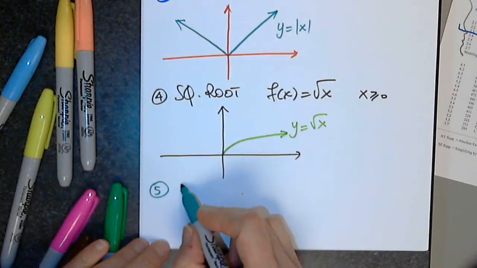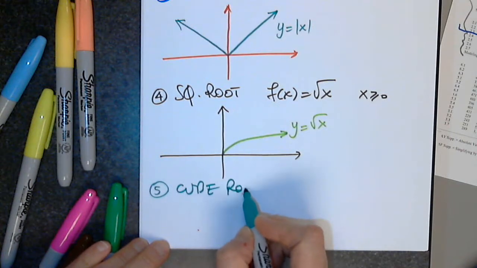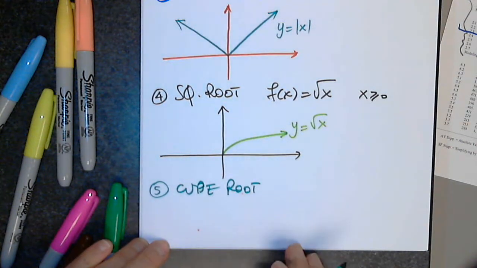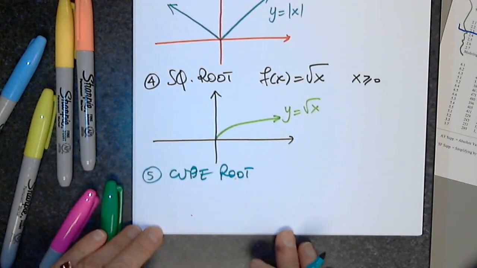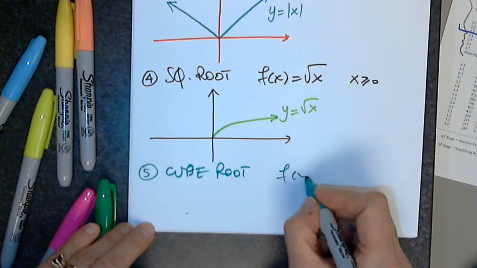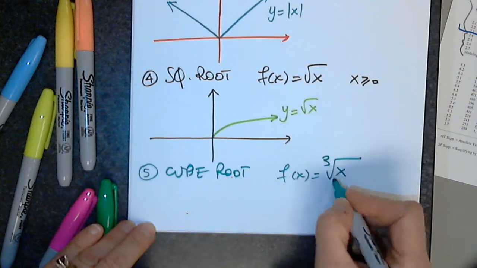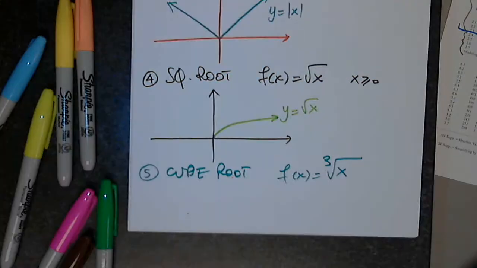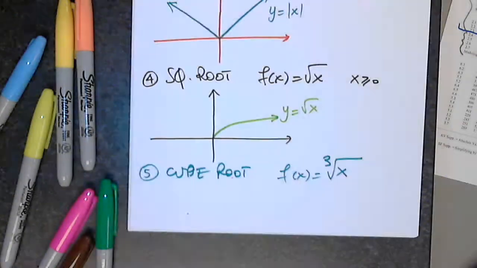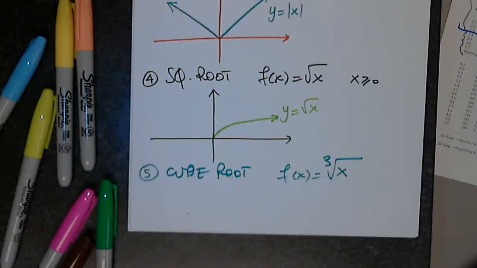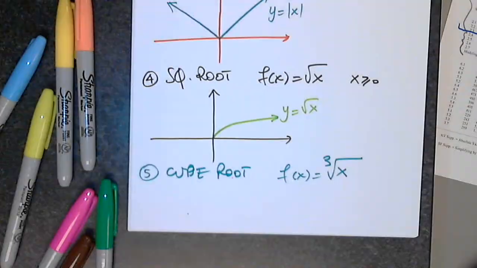Number 5. Cube root. Very good. What is the domain of this function? Looks like an S, right? Yes. You pictured it perfectly, so what would be its domain?